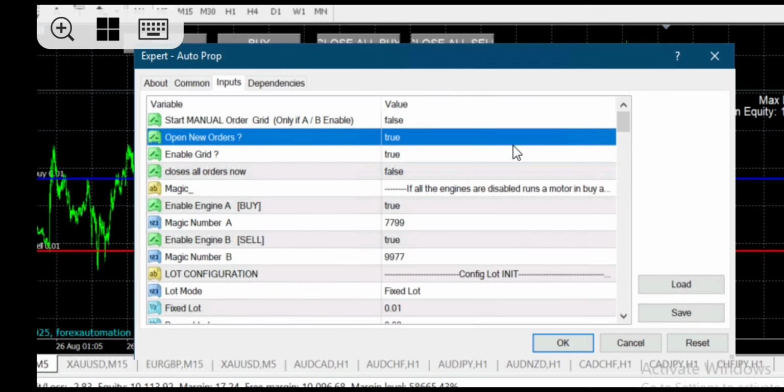Then the next is enable grid. Now grid, people ask what is grid. The command for grid allows more than one trade to open at certain distances from each other. That is, you don't get to open just one trade, you get to keep opening more trades.